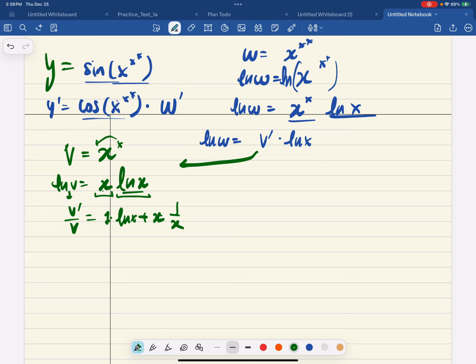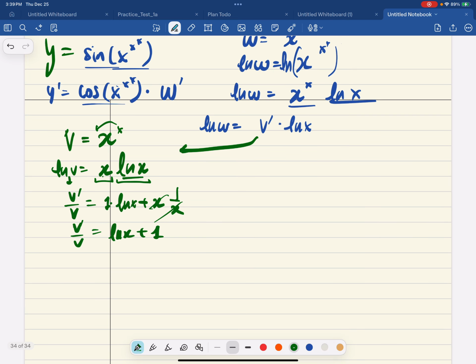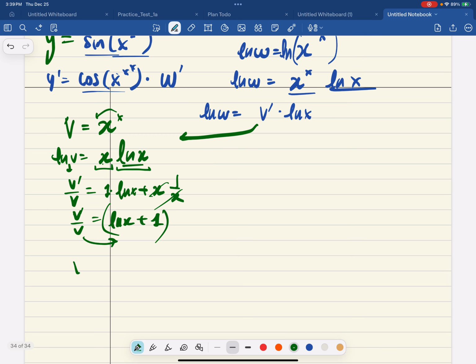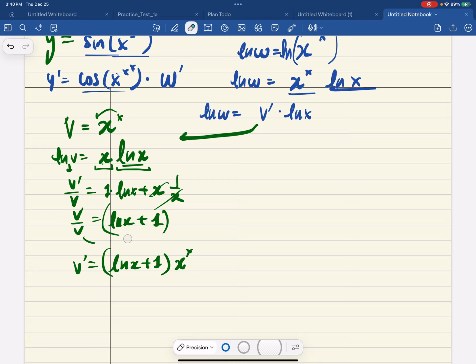And 1 over x times x is just 1. So v prime over v is ln x plus 1. And you just bring v to the other side while putting that into the parentheses. V prime is equal to ln x plus 1 times v. And v was originally x to the x. So nothing was new in here.